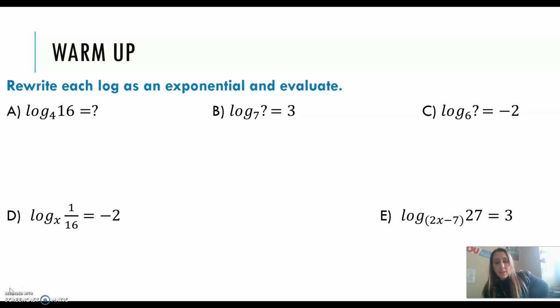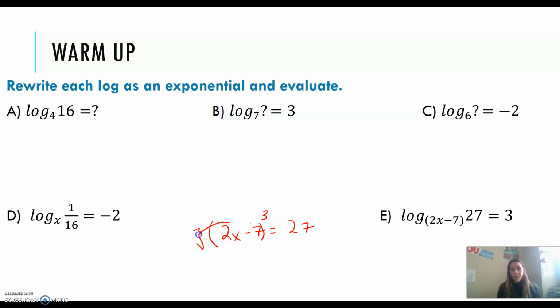And with E, let's go ahead and write this one out. So let me grab my pen. With E, we're going to end up with 2x minus 7 equals 27, and that's all going to be raised to the power of 3.